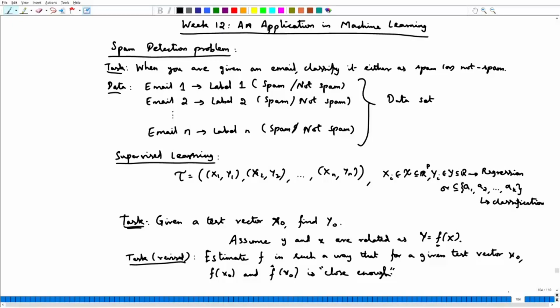I will now speak further about the functions. We assume that y and x are related as y equal to f of x, but if you consider any general function f, it is very hard to solve such a problem.